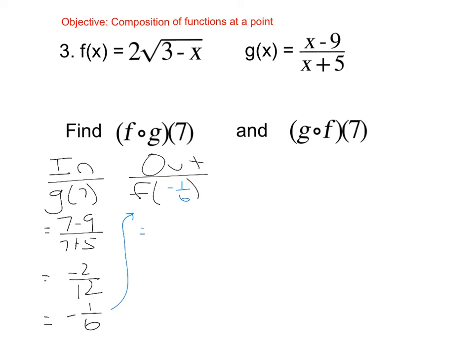Ugh, this is a gross problem. 3 plus 1/6. All right, so let's see, 18, this is 18 over 6. So we get 2, the square root of 18 over 6. Just kidding, 19 over 6 because we have to add the 1.